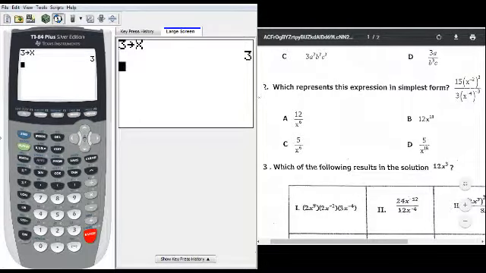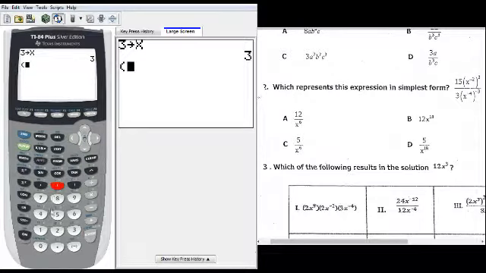Parentheses, and then type in what is in the numerator, 15 parentheses alpha x. Now since it's a negative exponent, negative 2 here, you're going to use the caret again. So we're going to do caret negative 2 parentheses. We finished this whole part so far, but notice that we are raising the outside of the parentheses to a third power as well.